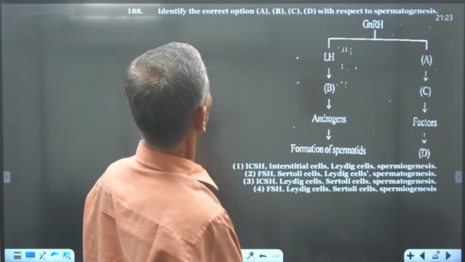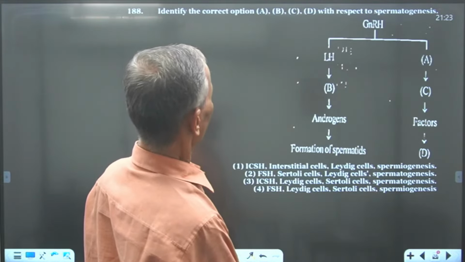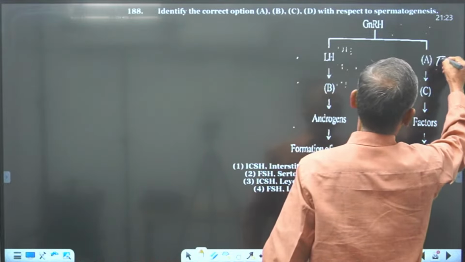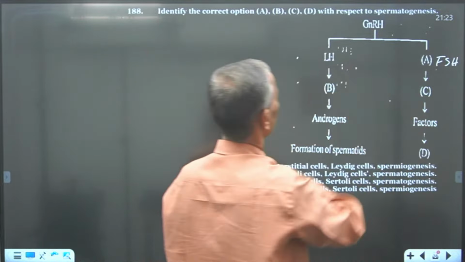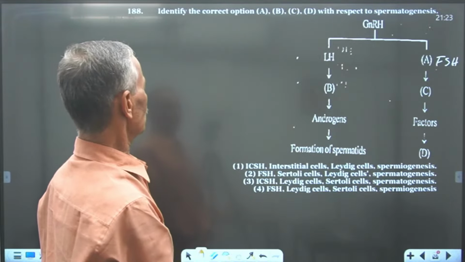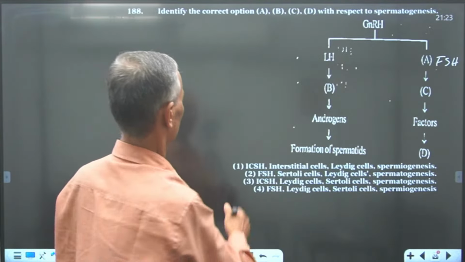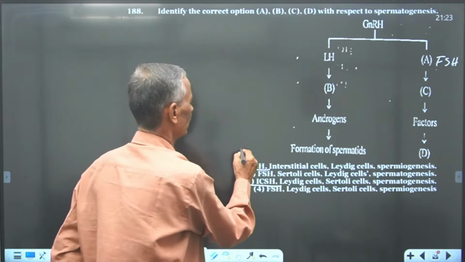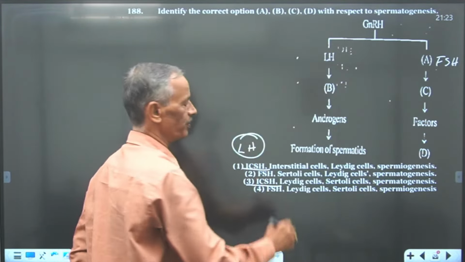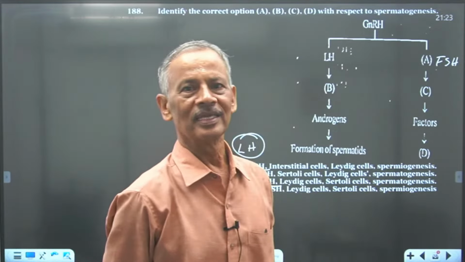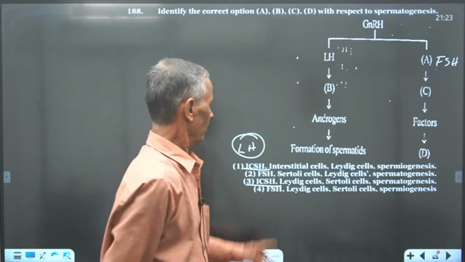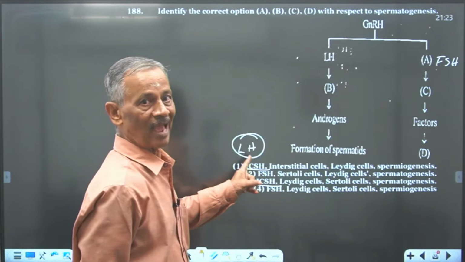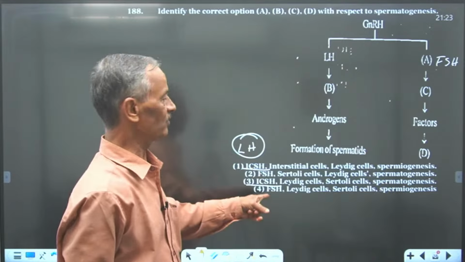Now we are having GnRH producing FSH and LH. So A should be FSH. ICSH, interstitial cell stimulating hormone, is LH in males. LH in males is called interstitial cell stimulating hormone because it acts on the interstitial cells, the Leydig cells.